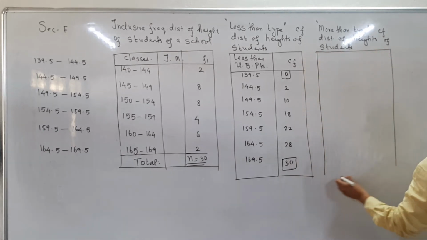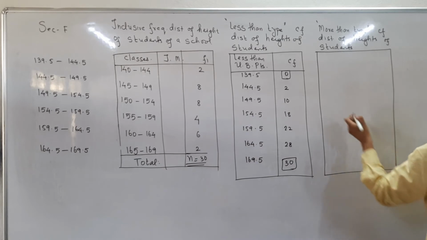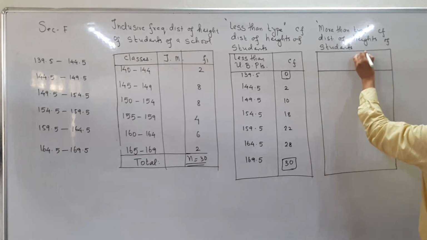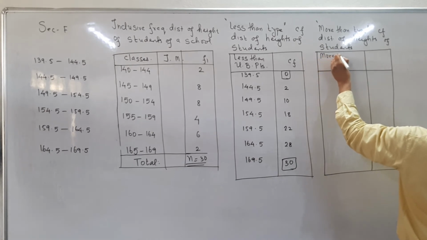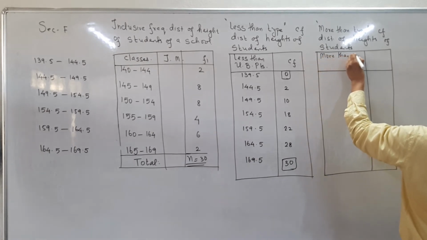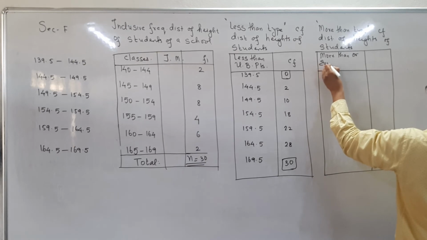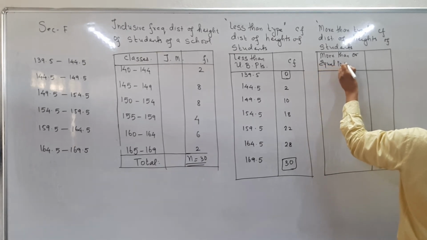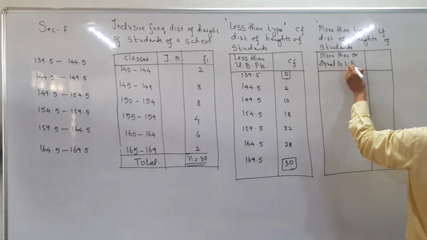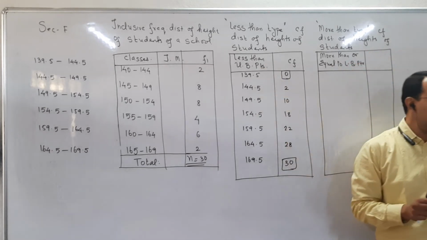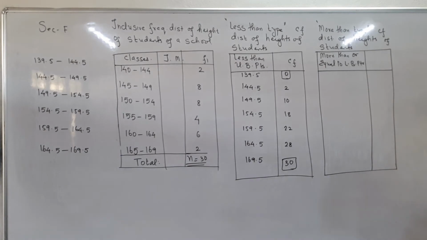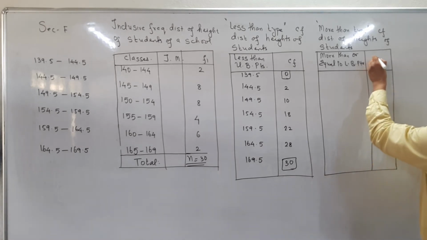Here we write more than or equal to lower boundary points. Sorry, students, my mistake. I told upper boundary points. It should be lower boundary points. But in short, we have to take all boundary points.